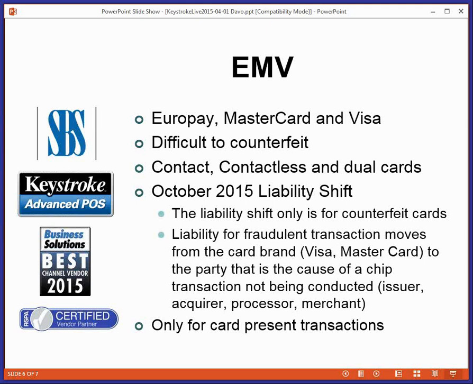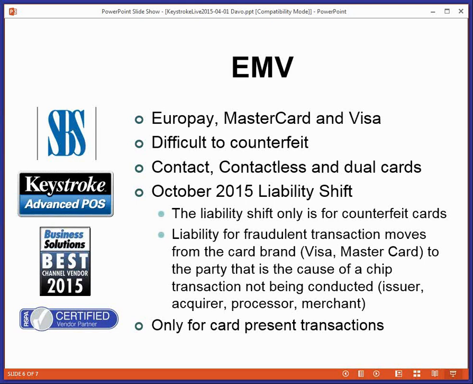So the liability is shifting from Visa, which theoretically right now they're liable for that use of the counterfeit card, to the acquirer or the processor, who in turn will go to the merchant for that liability. But it is just for counterfeit cards.